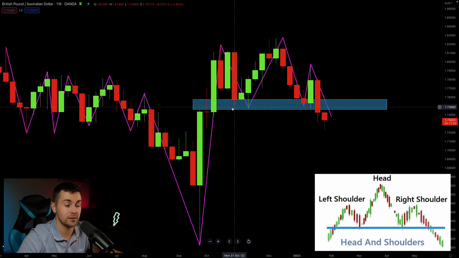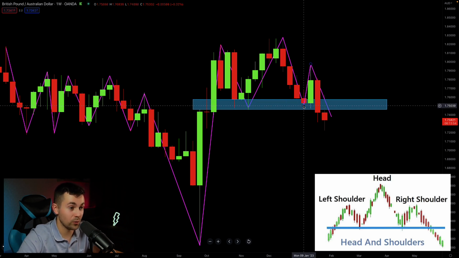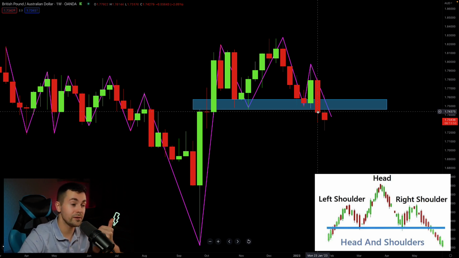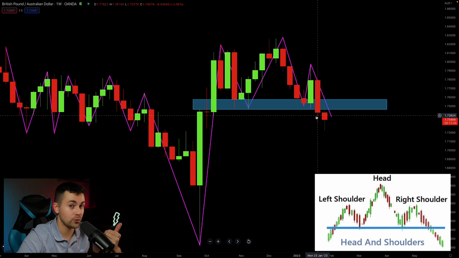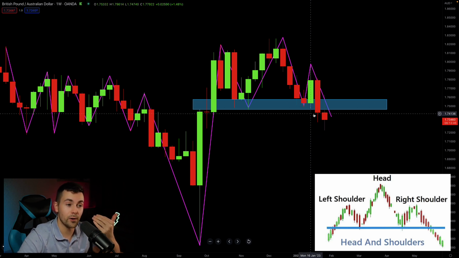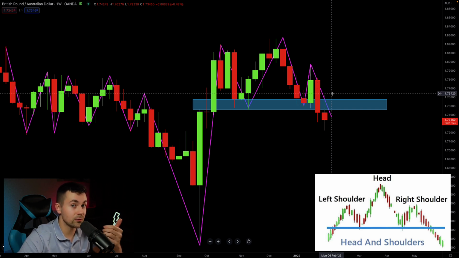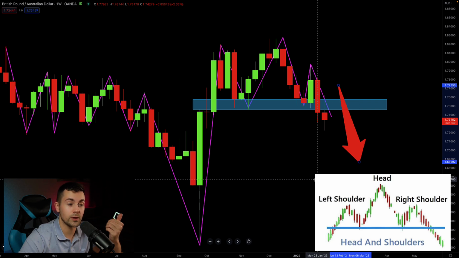Yes, and the neckline is based on the equal lows of the pattern. The pattern is bearish, and we trade the breakout of its neckline to the downside. Once the price breaks and closes below its neckline, it gives you a very accurate bearish signal, and then most likely the market will keep falling.